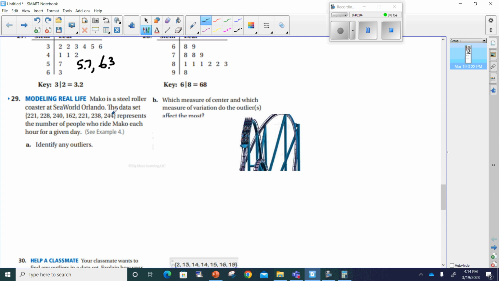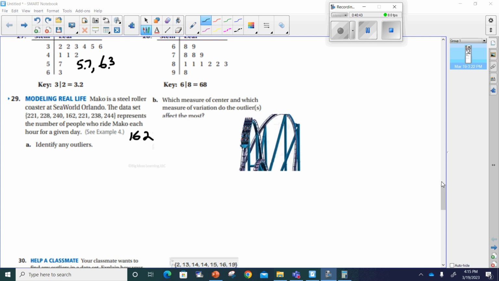I know that 244 seems really high compared to these over here, but really it's only about maybe 16 away, I guess, 244 minus 228 might be 16. But over here, this 162, that's going to be from the lowest number, which is 221. That's going to be quite a bit away. It's almost, wow, almost 40. So I'm going to go with 162 as my outlier here for number 29.